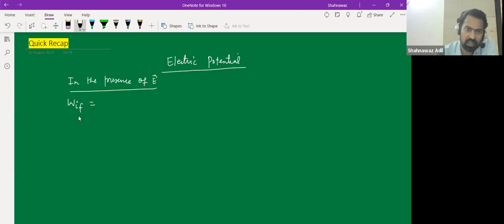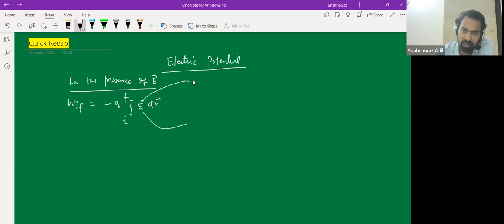So this is minus q integral from initial to final E dot dr. So this was the work, and then we found out that this electric field would be of two types.